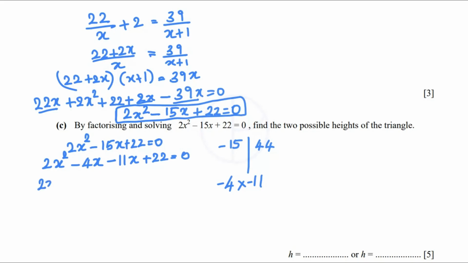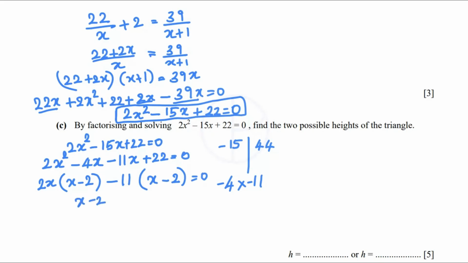Now 2x is taken commonly from the first two terms. So we get 2x times (x minus 2), minus, let's take negative 11 common, so we get (x minus 2) equal to 0.